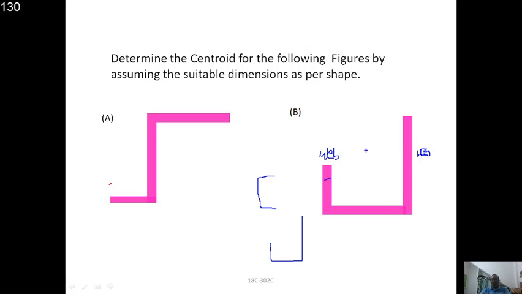So due to this, it is not symmetric about the y-axis. So is it symmetric? No. Hence for both the axes it is asymmetric. So solve these problems with the help of the analytical method for better practice.